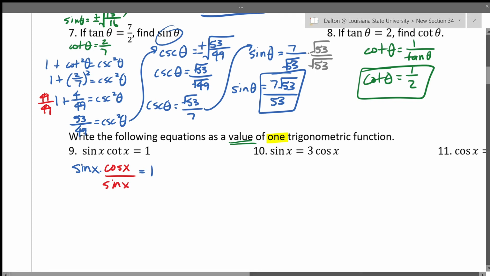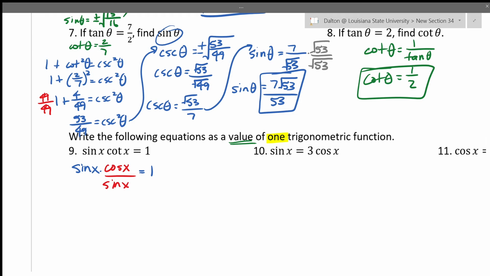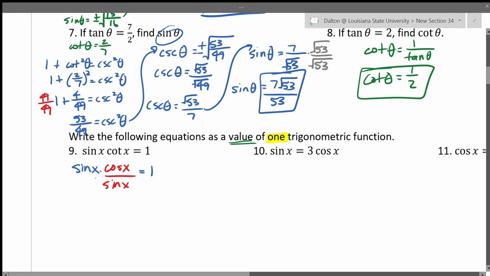Now, this is not a proof, so you are allowed to use algebra. If you realize that sine of x is over 1 and you multiply these fractions straight across, then sine over sine cancels, and that leaves us with cosine x is equal to 1, and you found exactly what you need. You're down to one trig function: cosine is equal to the value of 1.